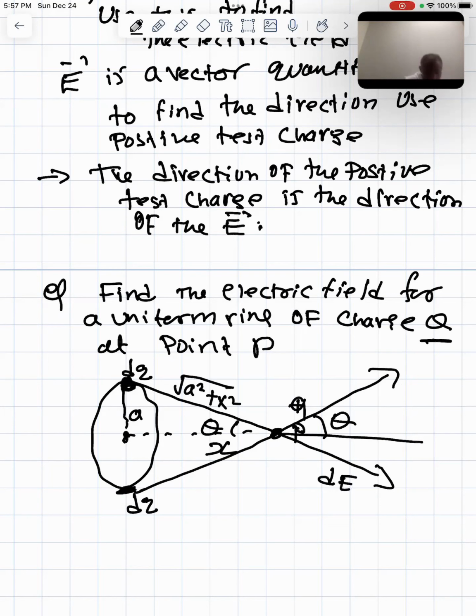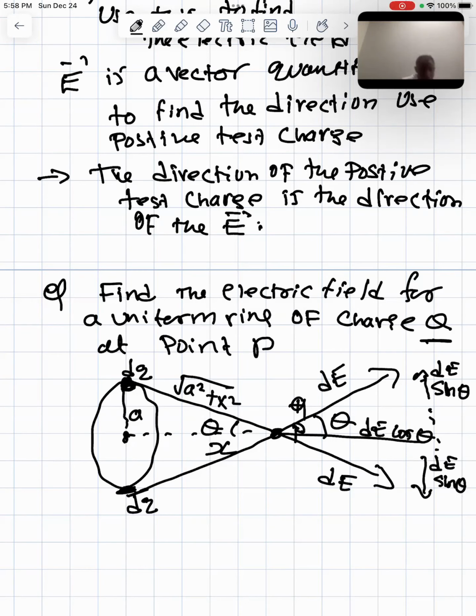This dq creates a small electric field towards this direction, and you have another small electric field created from here. This dE has two components: dE cosine theta, the x component, and the y component, which is dE sine theta. Here you also have a dE sine theta.